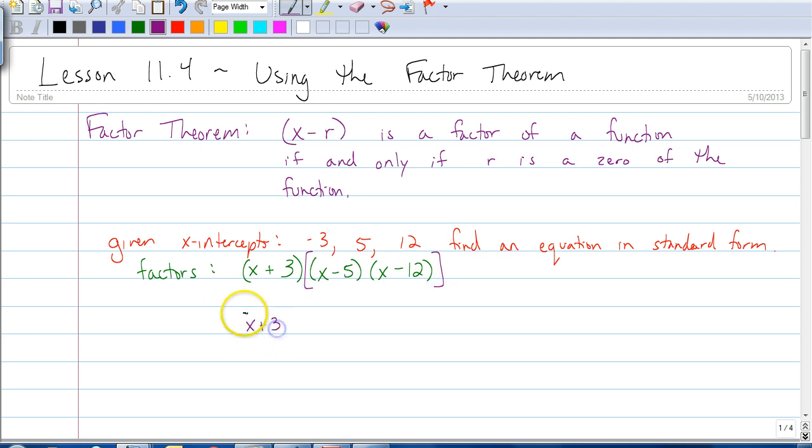I multiply x times x minus 12, which gives me x squared minus 12x. Then I take the -5 and multiply it times the x and the -12: -5 times x and -5 times -12 give me -5x plus 60. Combining like terms, the x squared stays the same, -12x minus 5x is minus 17x, and then plus 60.